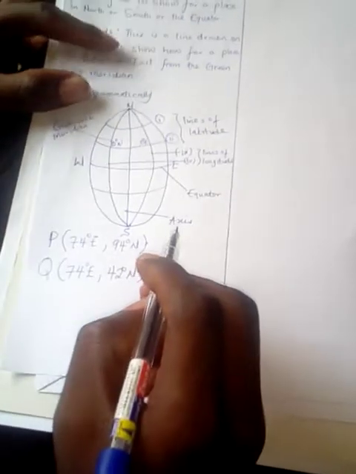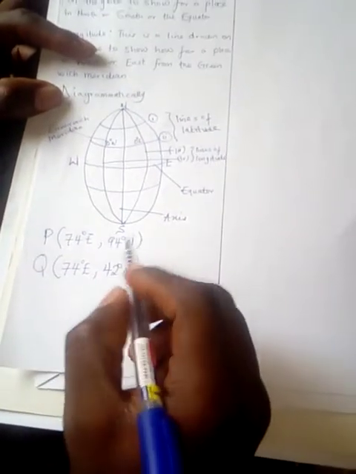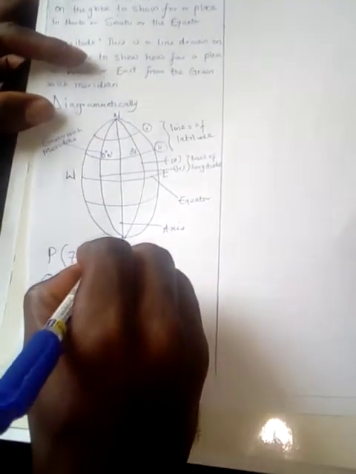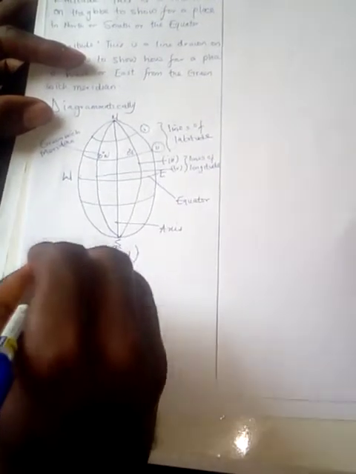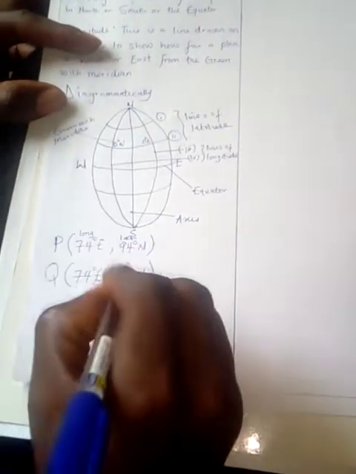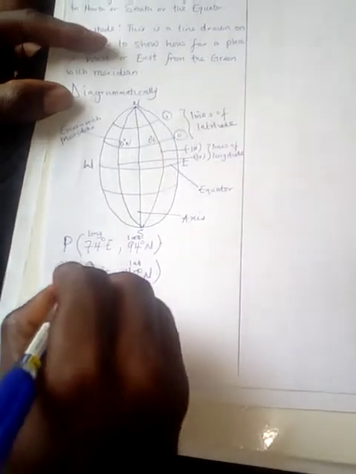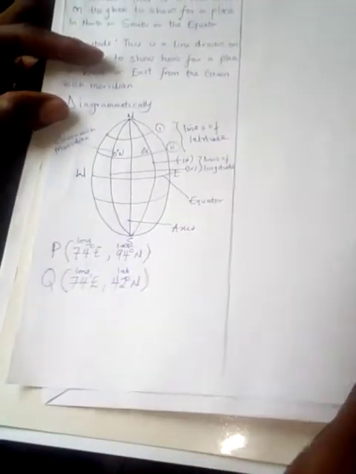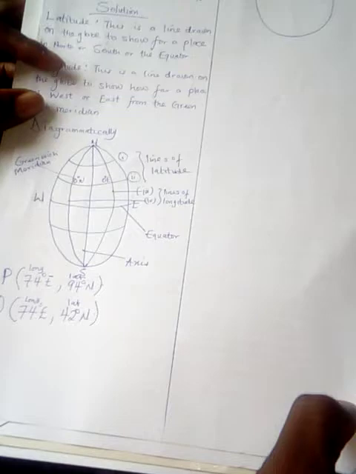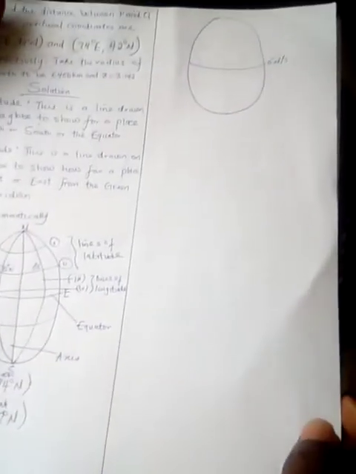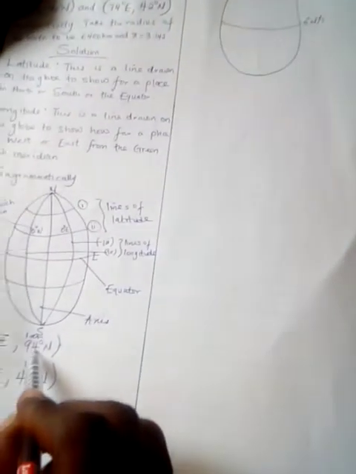Now I have 74 degrees east, 94 degrees north. We need to identify which of these is the latitude and which is the longitude. If we can identify that, then we can proceed to represent it on the globe. So the latitude is 94 degrees north.